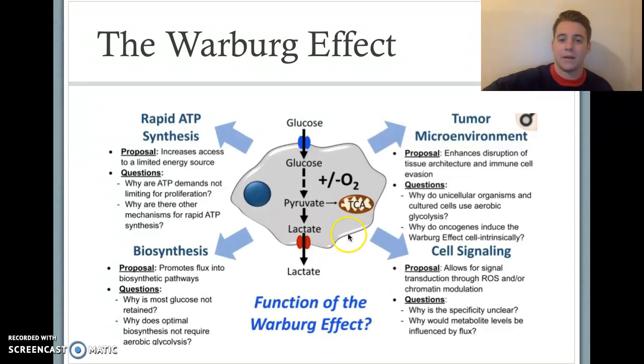This is the Warburg effect, and what it does is make as much ATP for these cells as they can make, and it also makes the tumor microenvironment a little acidic, which could be beneficial for the tumor and maybe immunosuppressive, perhaps. There's still a lot that I did not read into this, but it's certainly interesting and goes with the whole idea that tumors want to grow, they want to get energy quick, they don't care how they do it, and they're going to produce lactate in the process.